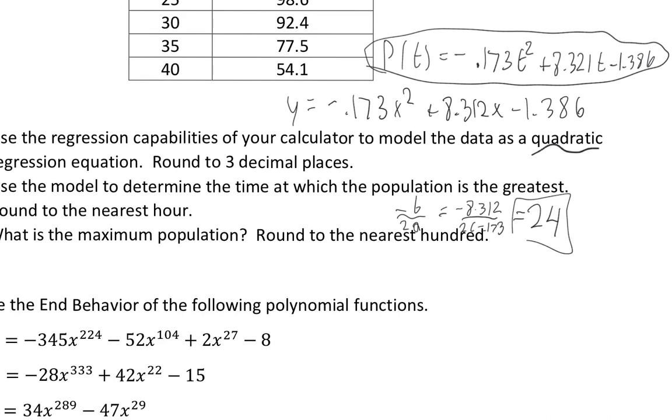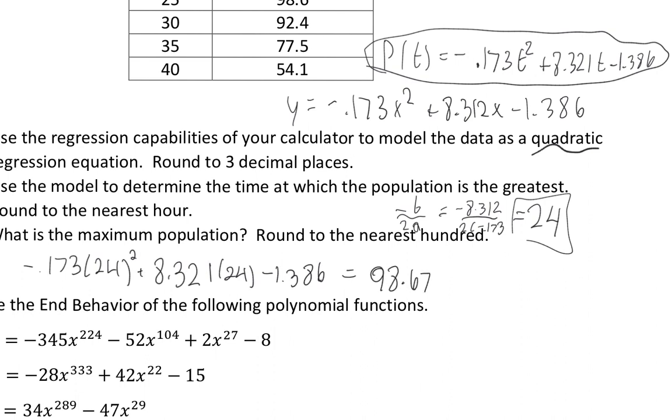Now, what is the maximum population? Again, we can use our calculator to estimate it, or I can take the estimate I just got and plug it into our equation. Going ahead and plugging it in, I did negative 0.173 times 24 squared plus 8.321 times 24 minus 1.386, and I got 98.67. That makes sense because it's pretty similar to the values around it.